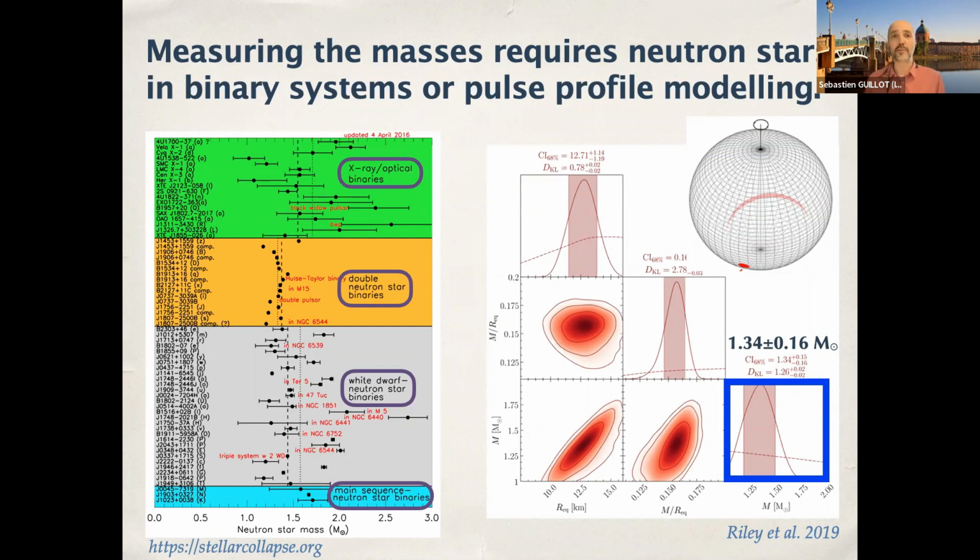One thing to know about those masses is that they come with a wide variety of statistical uncertainties, and some of them have very large systematic uncertainties, and some of them are very difficult to quantify. And so this is why, despite having a lot of high mass neutron stars here, only a few of them are considered robust measurements that are being used for nuclear physics as a high mass neutron star.